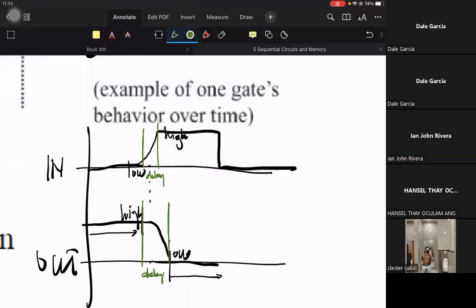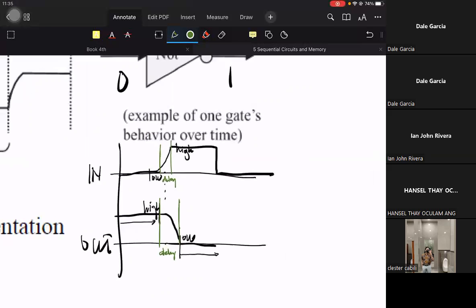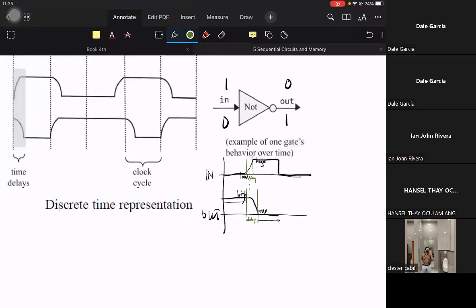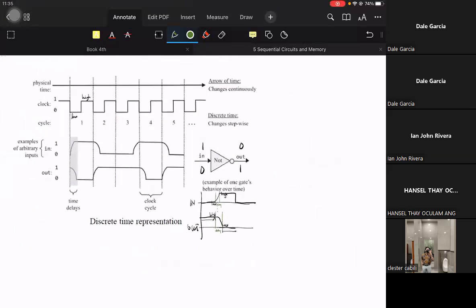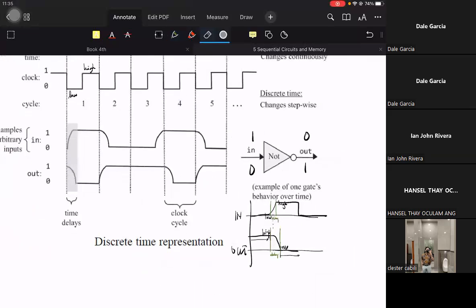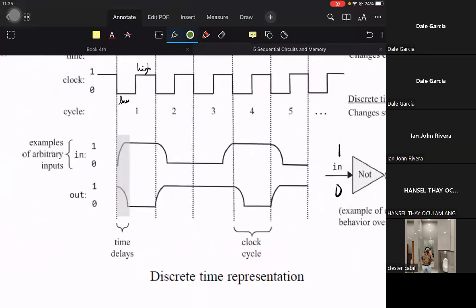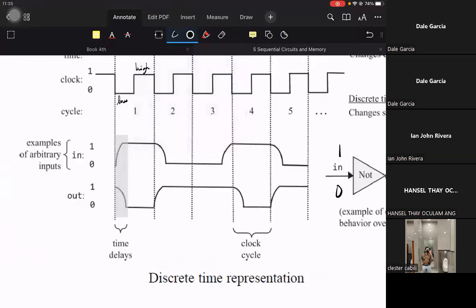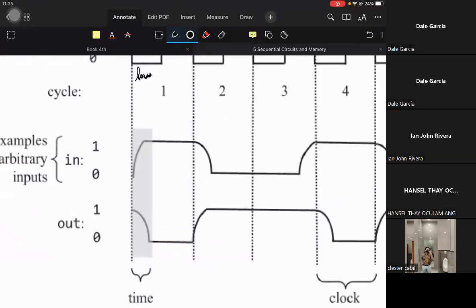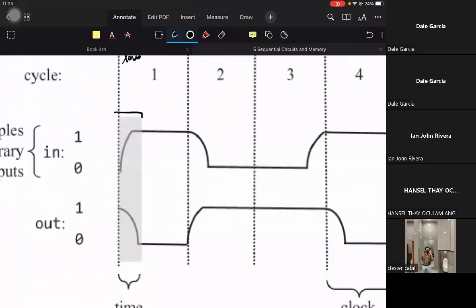So how will we solve this dilemma of delays? I erased it because it is already visualized properly. As the input goes slowly from low to high, the output goes slowly from high to low also. The gray-shaded part is the delay.